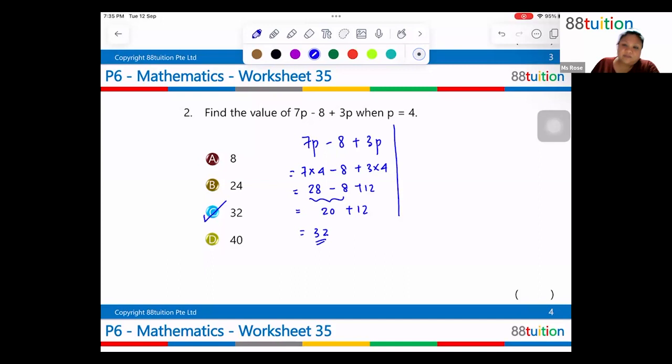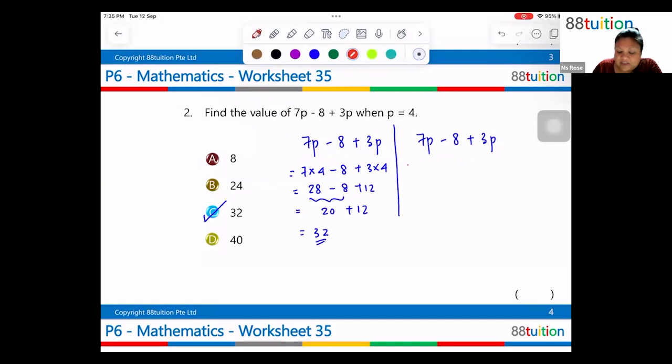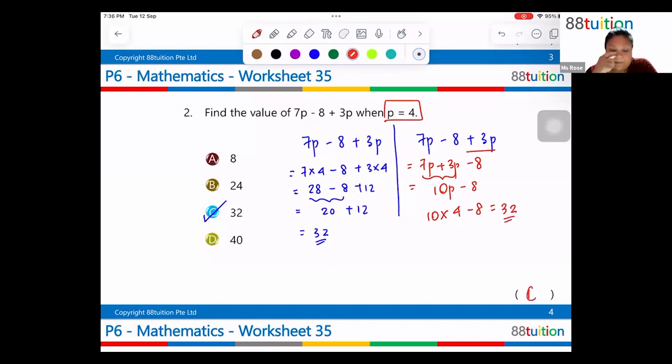Either you can write it this way, or because it is an algebra, you can rearrange such that it looks like this. 7p plus 3p minus 8 will give me 10p minus 8, which is equals to 10 times 4, since p equals to 4, minus 8 to give me also 32.